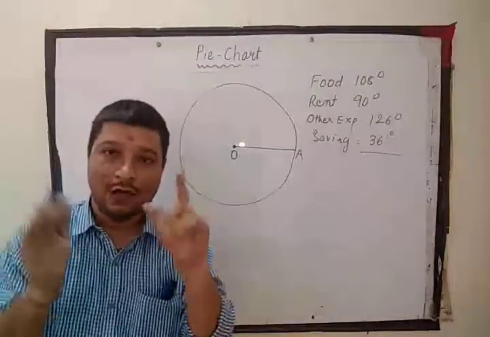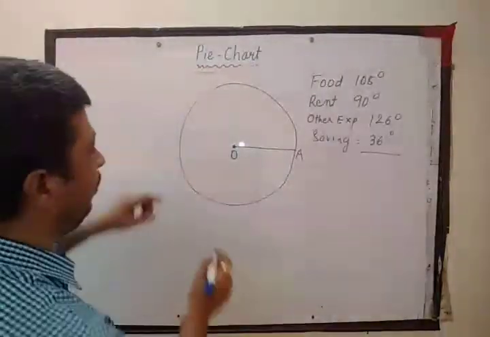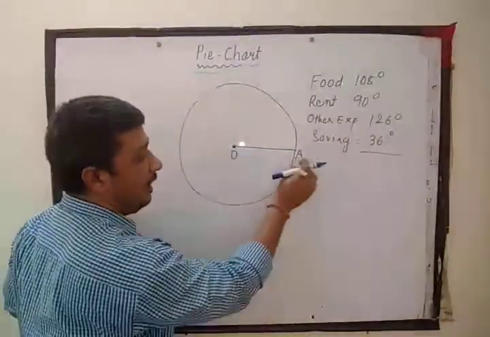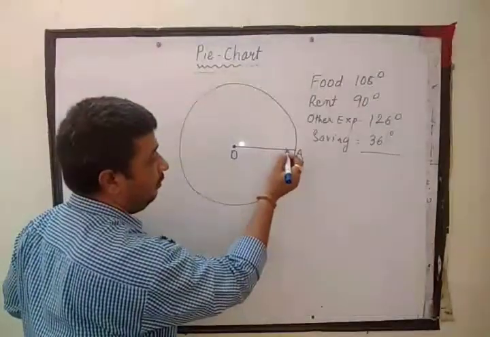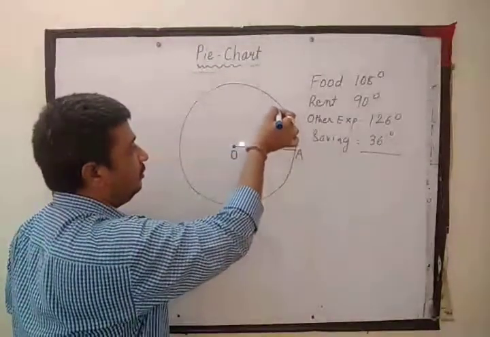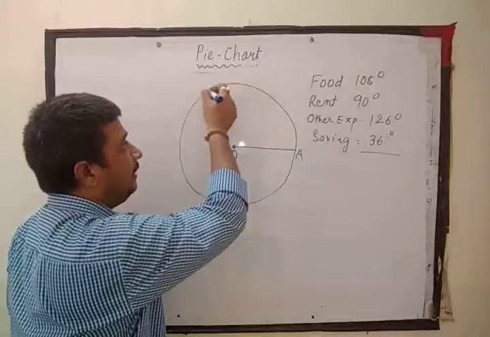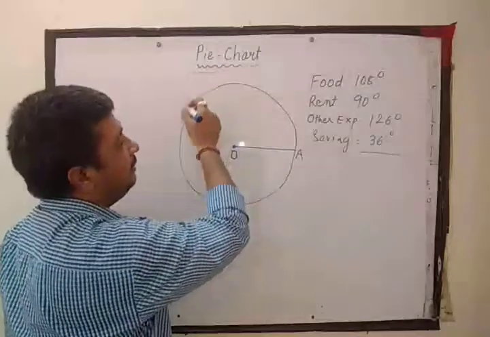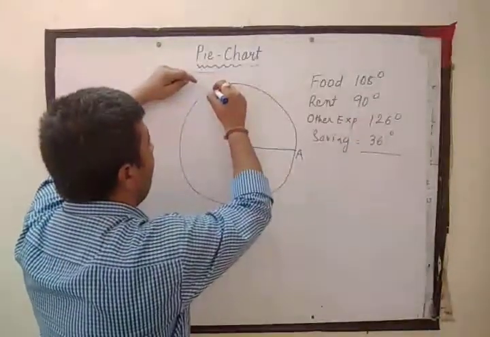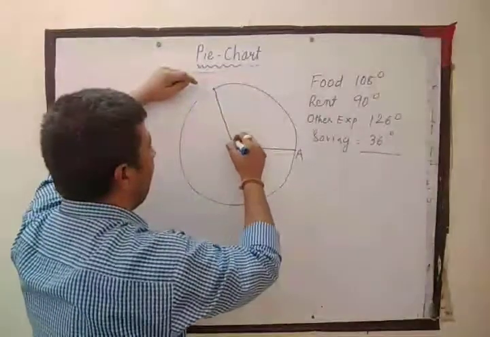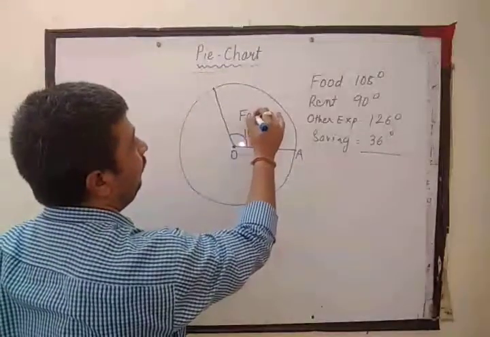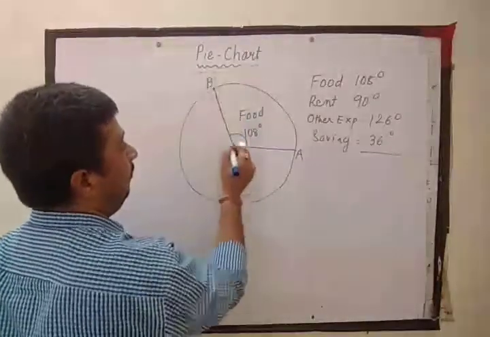Using your protractor, taking 0 over here and putting the protractor at the center O, you will find that starting from 0, 1, 2, 3, 4, 5, then 90 degrees, then 100, 110, 120, something like this. So after 110, roughly you will get it here with the protractor. You will get 108 degrees, and this part will be food. I have given this radius the name OB.